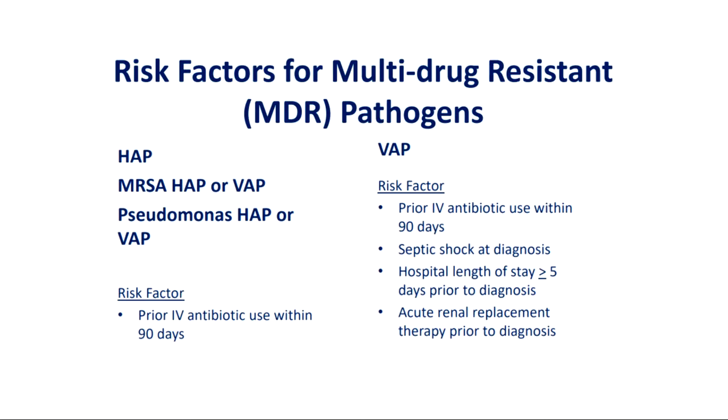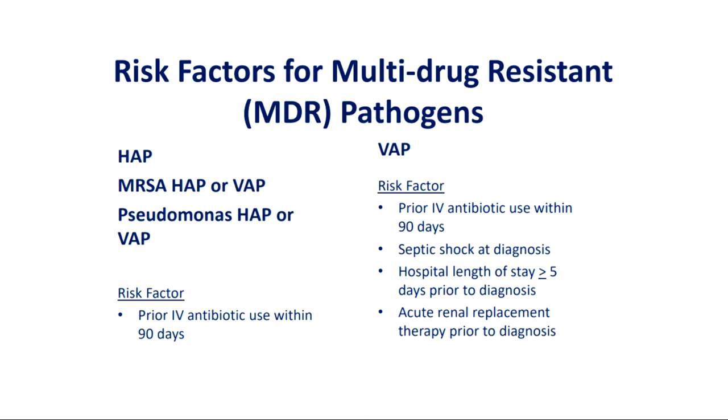So for HAP, we will think about MRSA and Pseudomonas if there is a risk factor of IV antibiotic within 90 days. This is the most important factor. If we took history from the patient and discovered he took, for example, ciprofloxacin 1 month before, he has risk of MRSA.